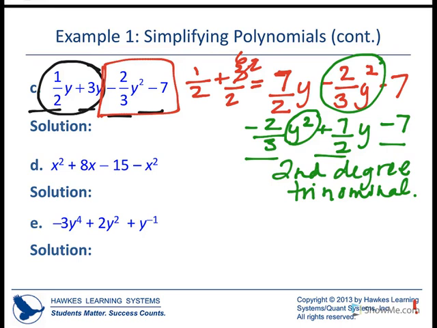Okay, so next one. Alright, our next example problem, x squared plus 8x minus 15 minus x squared. So we're going to pick out the ones that are alike, of course. So these are alike, right? And those are the only 2 that are alike.